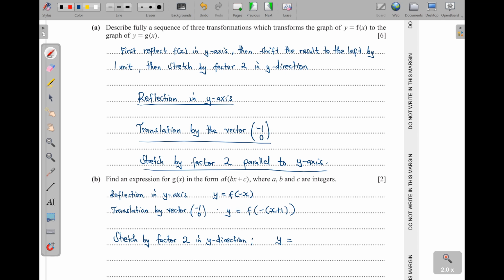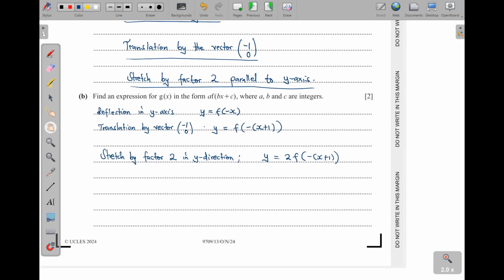So this one is going to be 2, then times what we are getting here, 2f into minus x then plus 1. So that is what we are going to have. So meaning g of x is therefore going to be 2f. I can open the brackets here, and then I have minus x minus 1, like that.